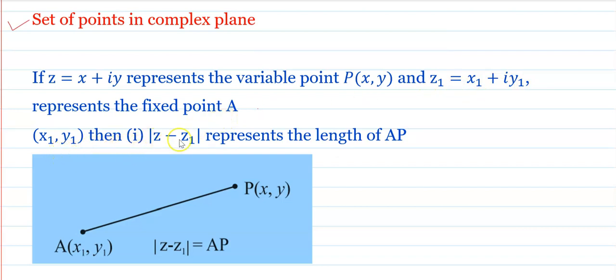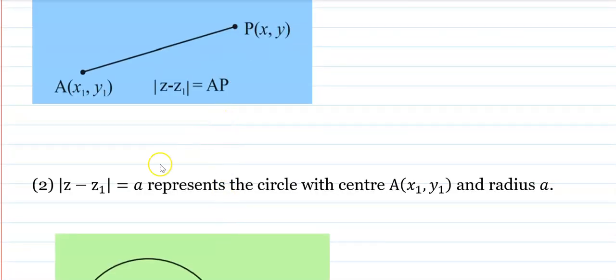Then first, mod of z minus z1 represents the length of AP. This is the variable point, this is the fixed point. AP means mod of z minus z1, and that is equal to AP.